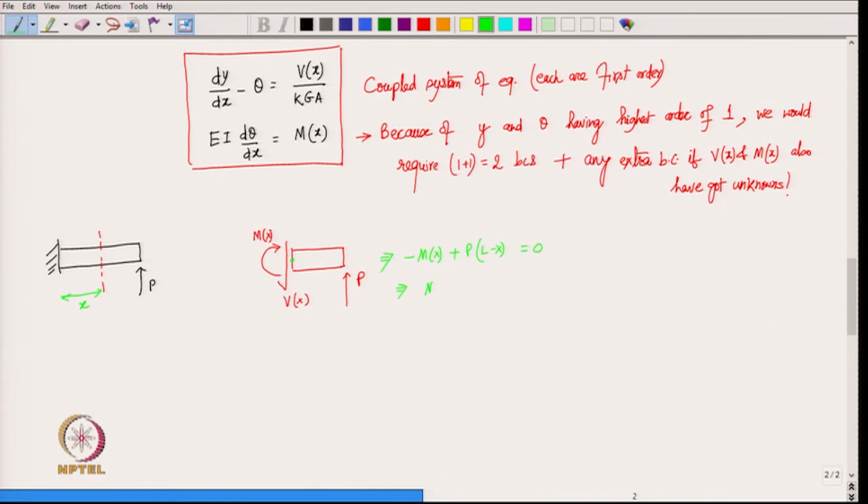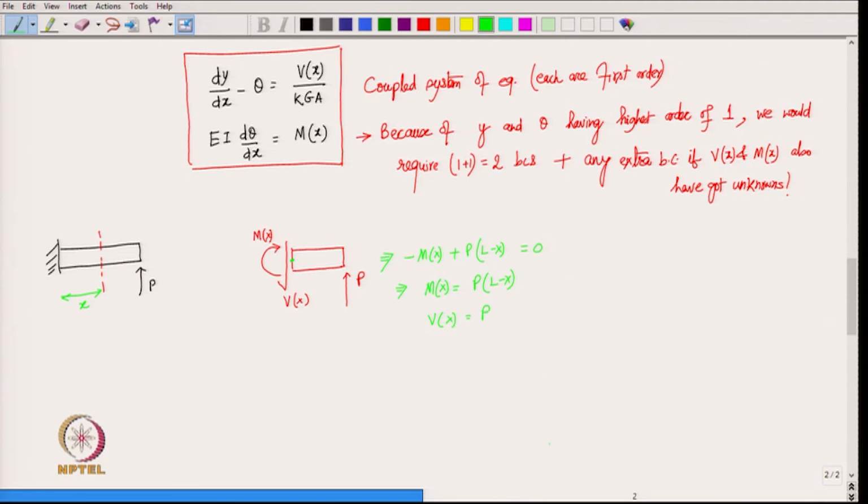So, that implies bending moment M of x is equal to P into L minus x, and then shear force, when you do force balance, you would get V of x is simply equal to P. All right.